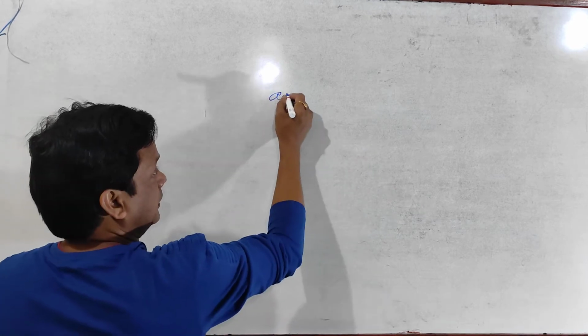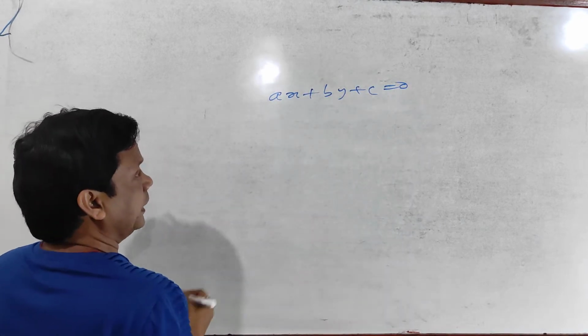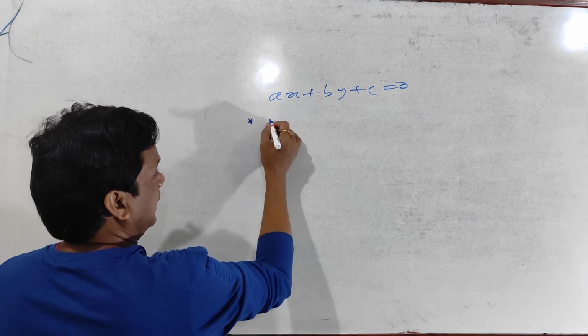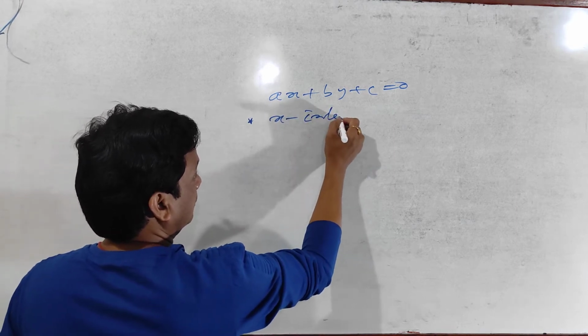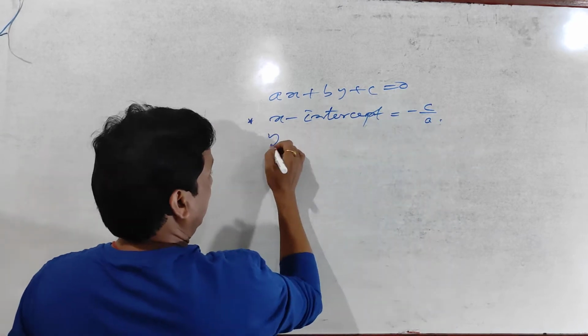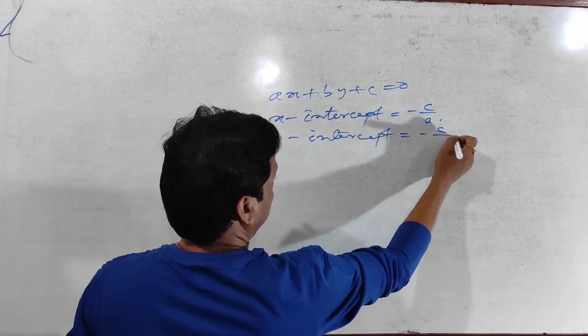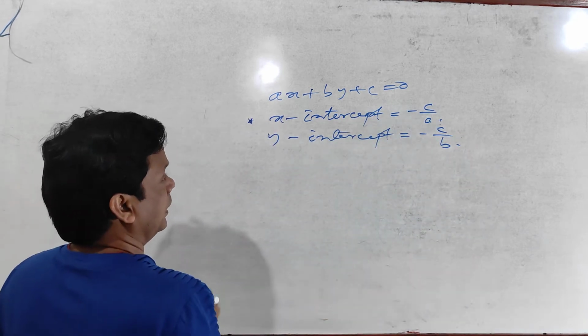Now see here, the general equation is ax plus by plus c equal to 0. The x intercept is equal to minus c by a, and the y intercept is equal to minus c by b. How? I am writing like this.